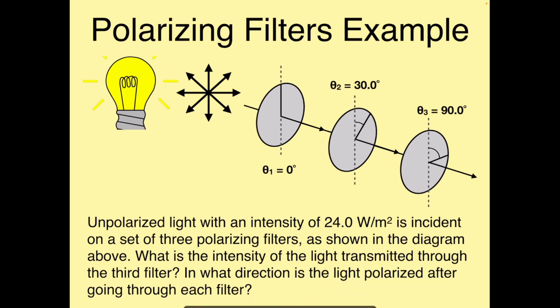This would be emitting unpolarized light with no preferred direction of polarization. But the question is, what is the intensity of the light transmitted through the last filter? How much intensity do we have coming out of that third filter? And also, in what direction is the light polarized after going through each filter? So let's work this out.